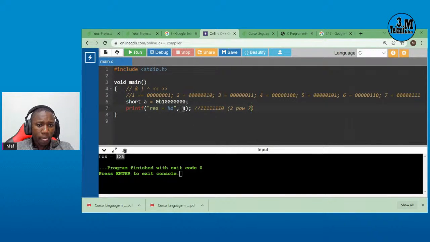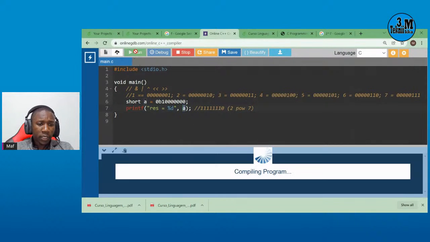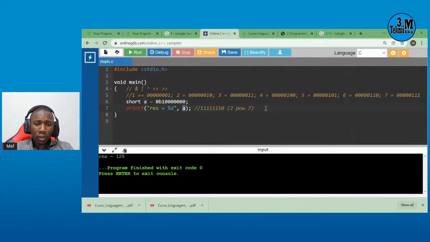This number, something like this. I'm gonna show you better. I have a 0 here. You have a 1 here. This is 1. Now take the 1. This is 2.